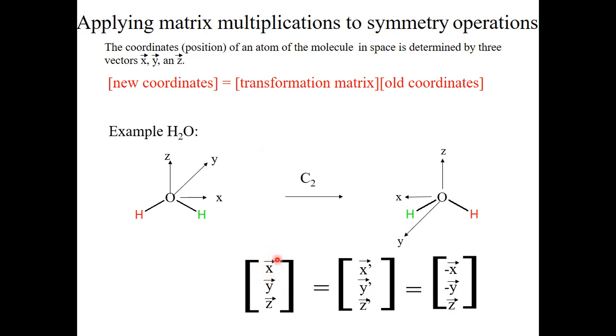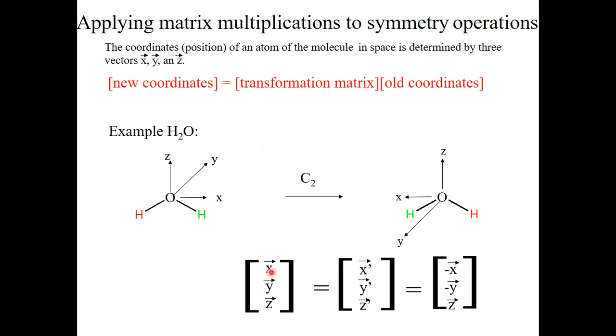This would be the matrix for the old coordinates, and that would be the matrix for the new coordinates. Okay, so now the matrix form of our symmetry operation would need to give the correct matrix for the new coordinates when multiplied with the old coordinates.